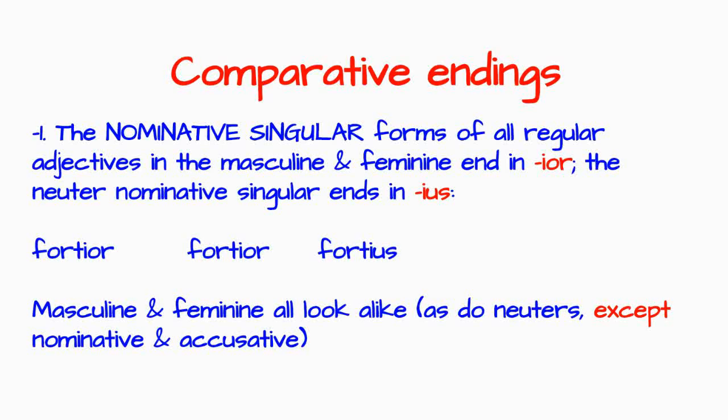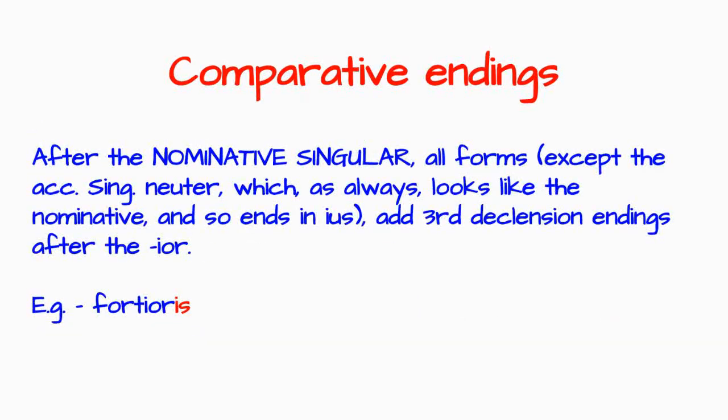If you might recall with neuters, we had two rules that we used with nouns and pronouns and adjectives. The nominative and accusative always look alike. So the nominative and accusative singular will always look alike. If the nominative ends in ius, so does the accusative.